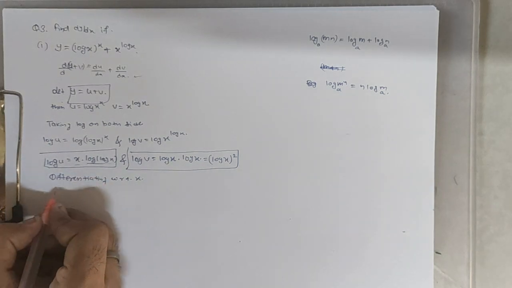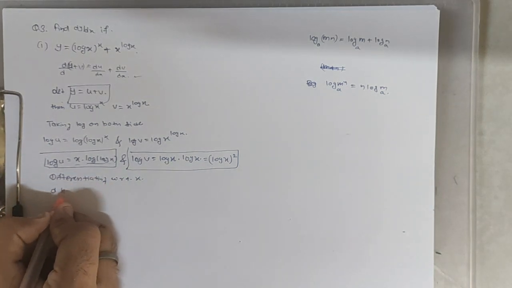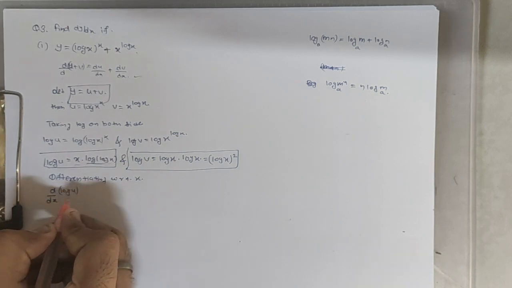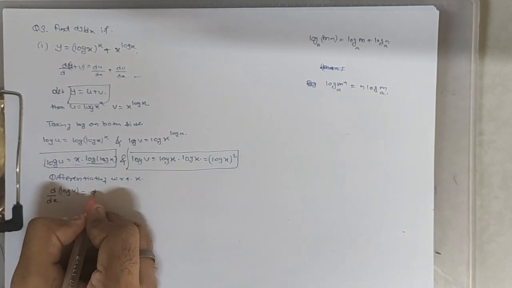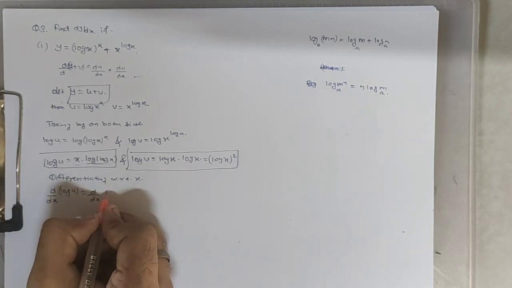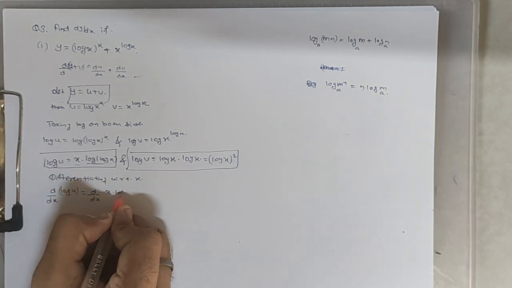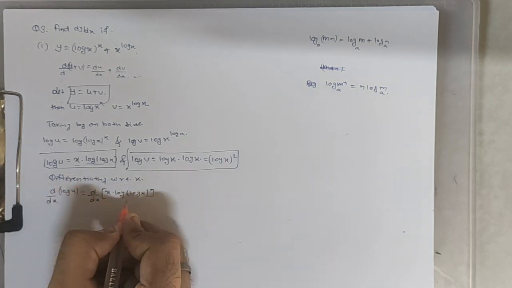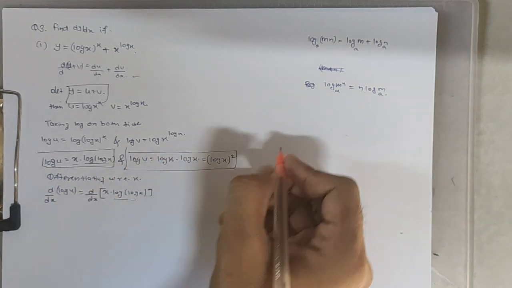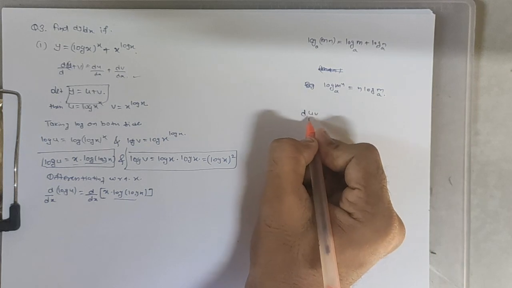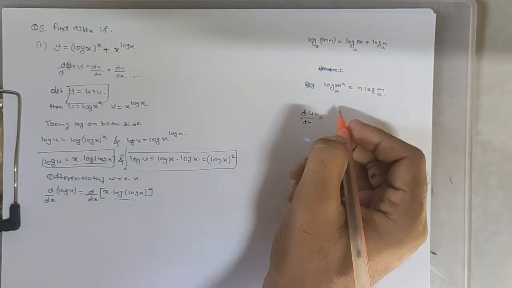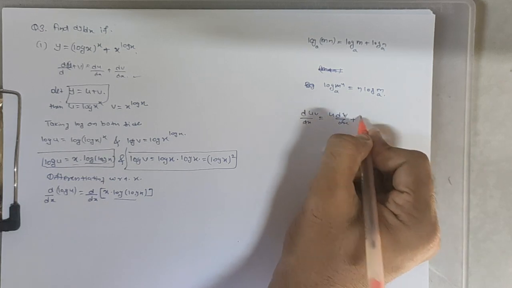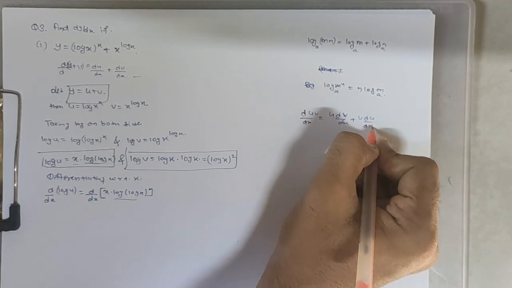So differentiation of log u with respect to x would be differentiation of x log of log x. Correct? This is our u, this is v. So by the u into v rule of differentiation, it is u into differentiation of v plus v into differentiation of u.